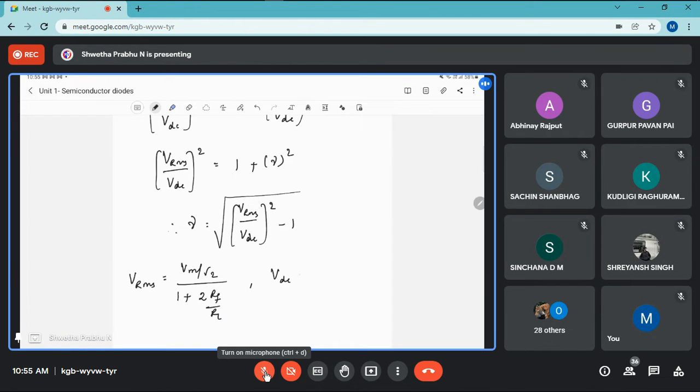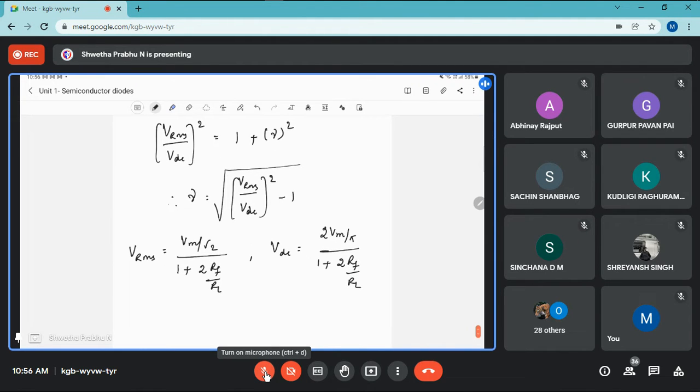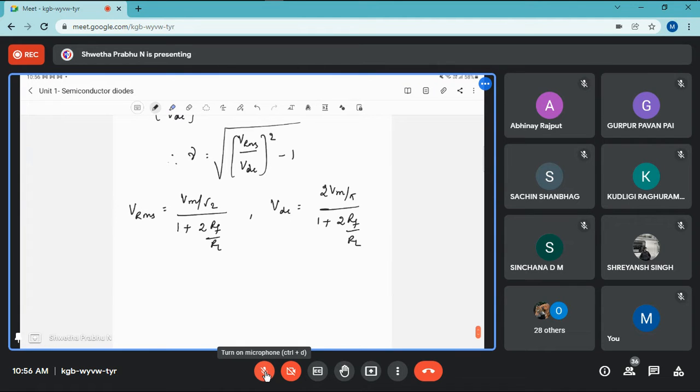What is VDC? It is 2 Vm by pi divided by 1 plus 2 times RF by RL. Now what you have to do is substitute these two in this equation and get me the gamma value. Quickly, you solve.